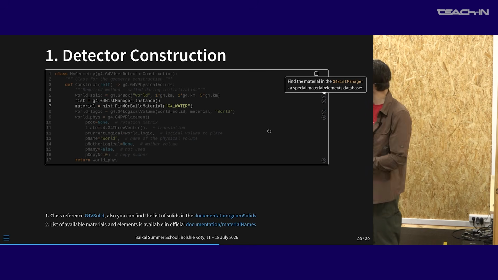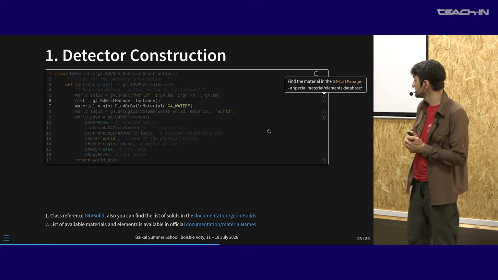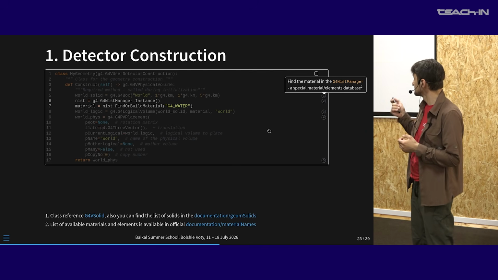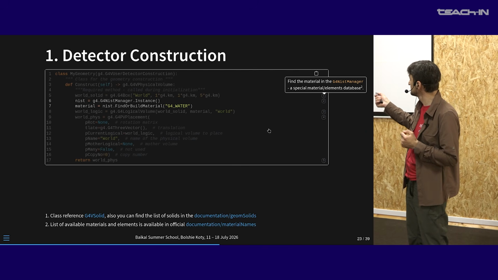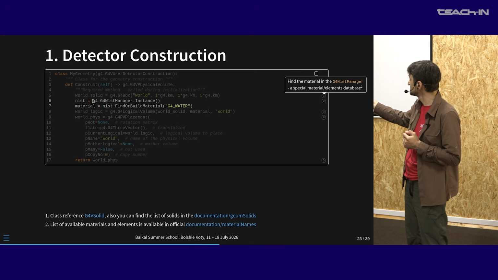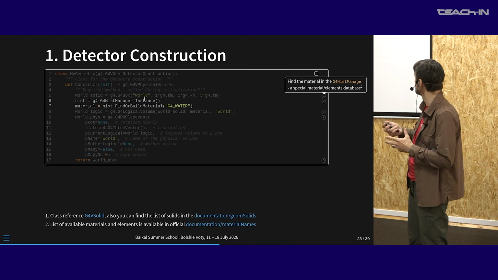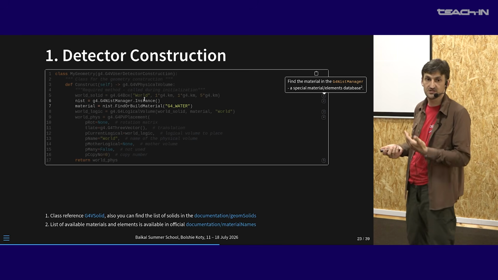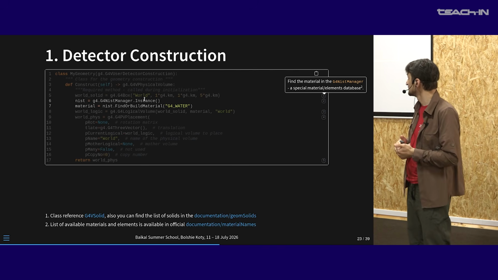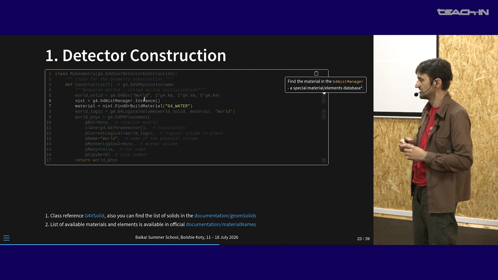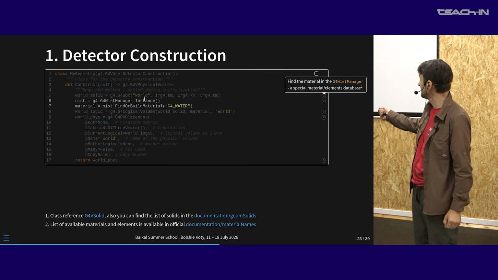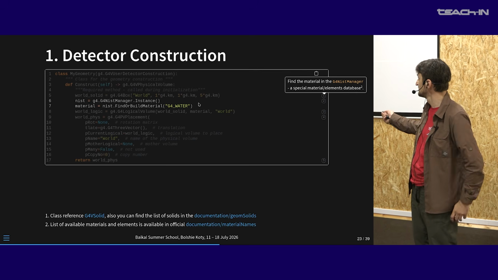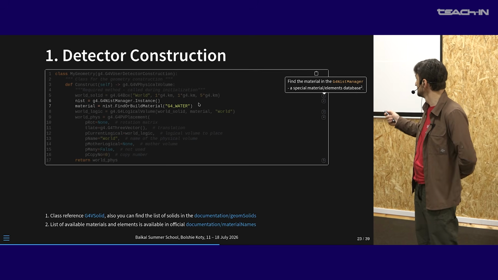Then we need to define its material. We are using, again, a singleton. This is the NIST Manager. It's a database of materials and elements used in Geant, so we don't have to define everything from scratch. We just find or build the material G4_WATER.